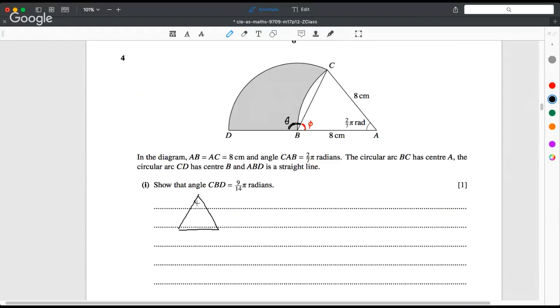So this triangle here, I'm going to rotate it so that this is the 2 pi on 7 radian angle, and this is 8, we're told, and this is 8. And so this base here is the point CB, and we want this angle. So you see that this is an isosceles triangle.